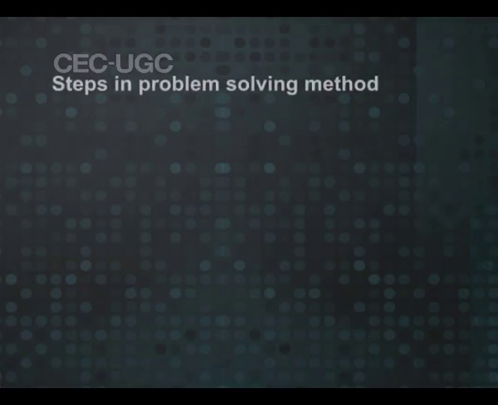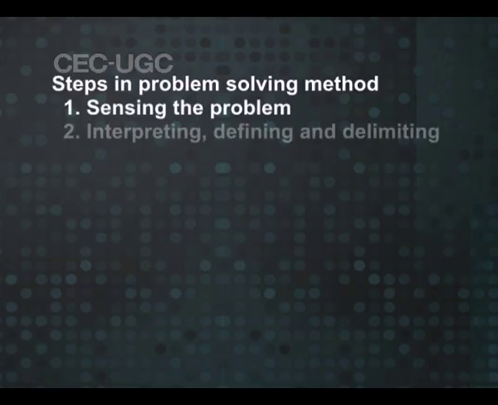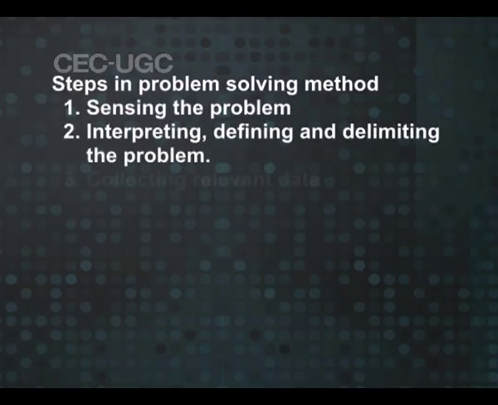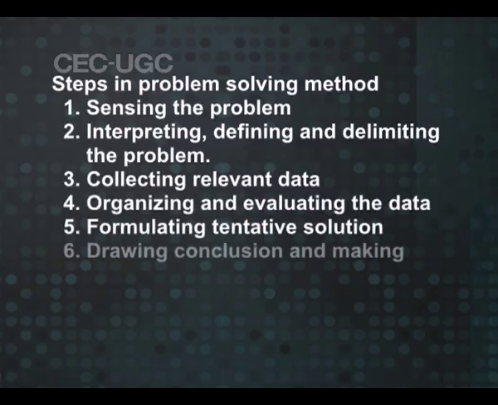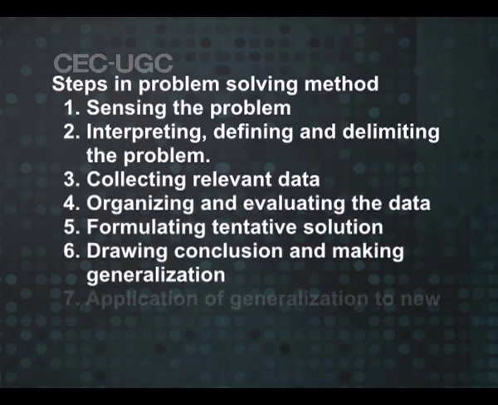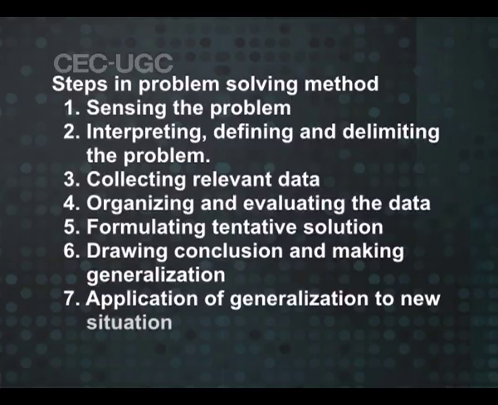In this method, the person uses his ability to analyze a problem which confronts him in order to arrive at a solution. Steps in problem solving method: sensing the problem, interpreting, defining and delimiting the problem, collecting relevant data, organizing and evaluating the data, formulating tentative solution, drawing conclusion and making generalization, application of generalization to new situation.